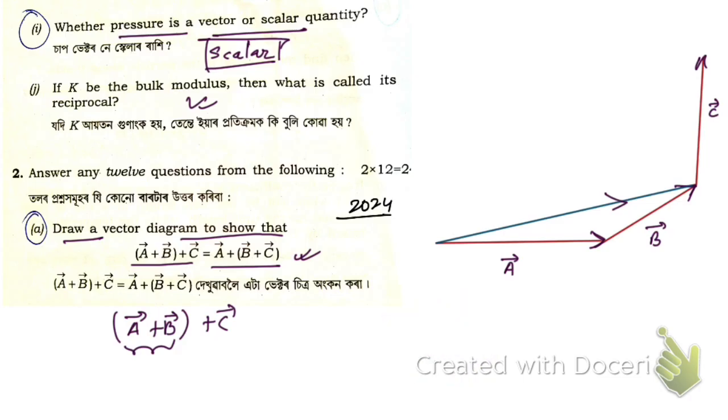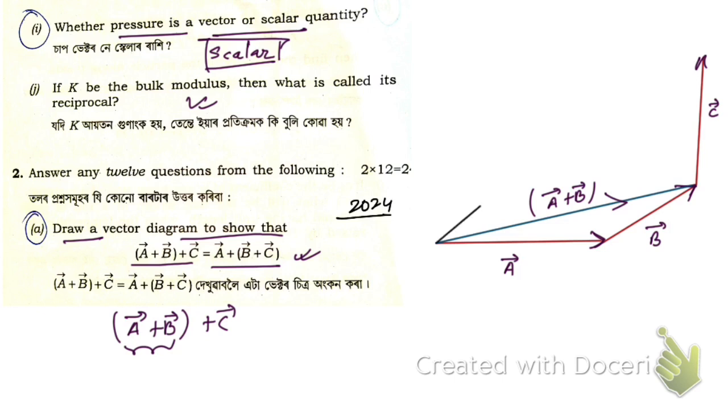So this vector is nothing but vector A plus B. Okay, then A plus B, then plus C, right? So this is A plus B, then plus C. So that's going to give you this resultant, right?